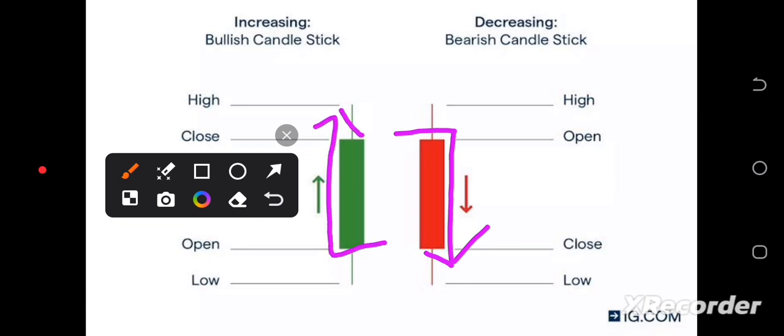Any of these bullish candlesticks cannot open above and start going down. It must open below and shoot up, because it is going up. It's like a tree that you plant. It starts from down and goes up. By the time you cut the tree, it falls from the top down to the ground.